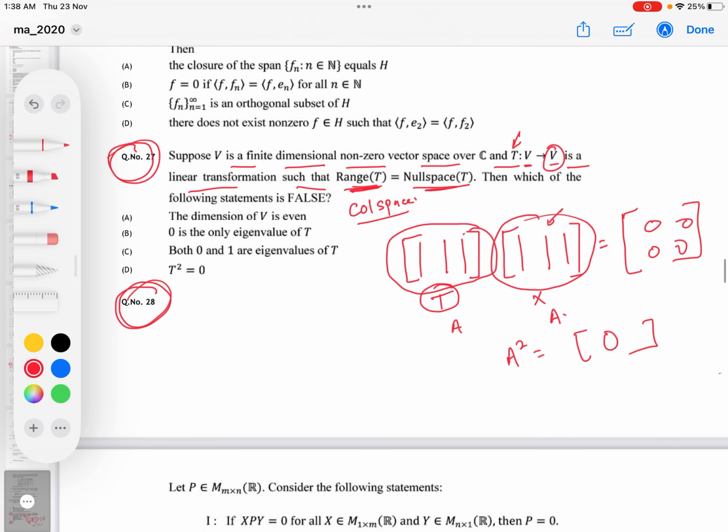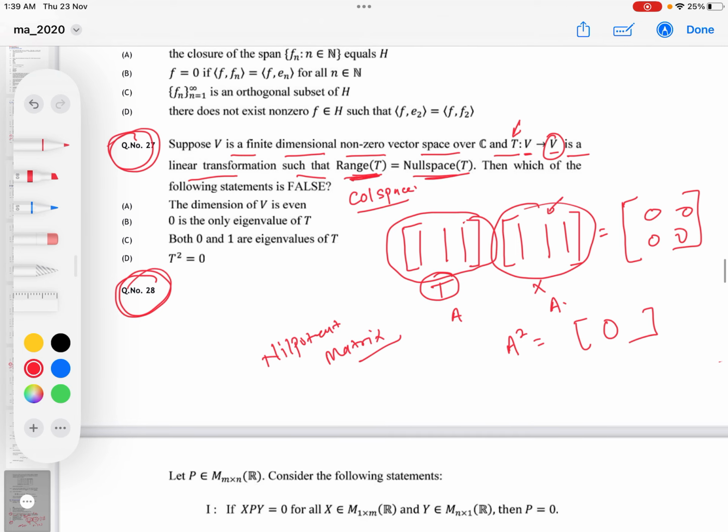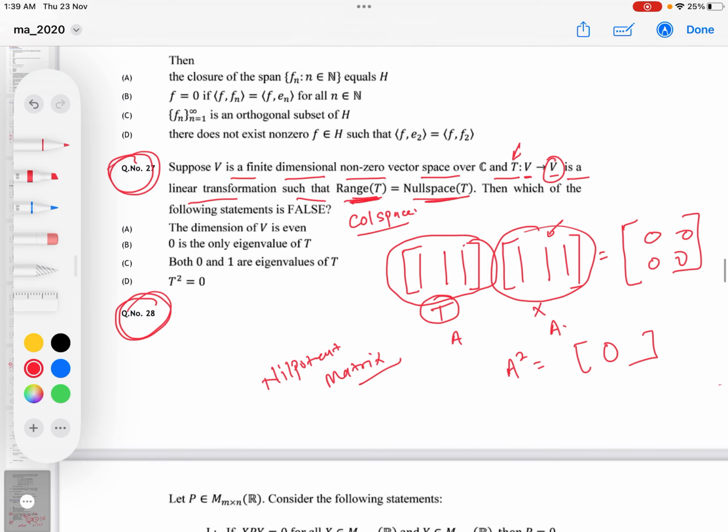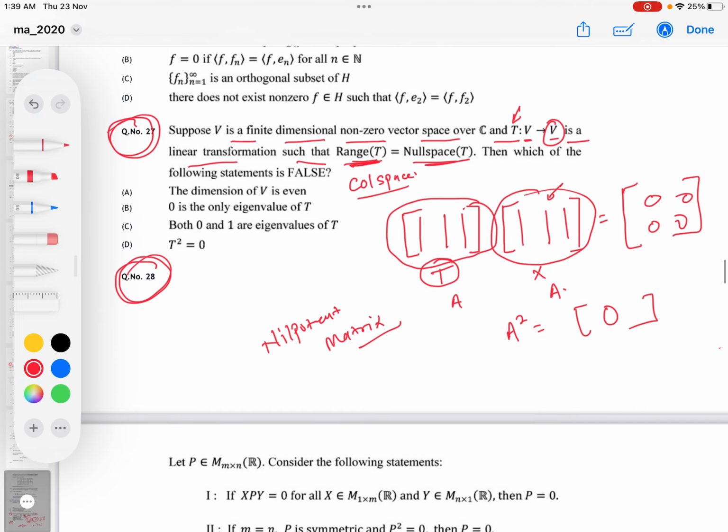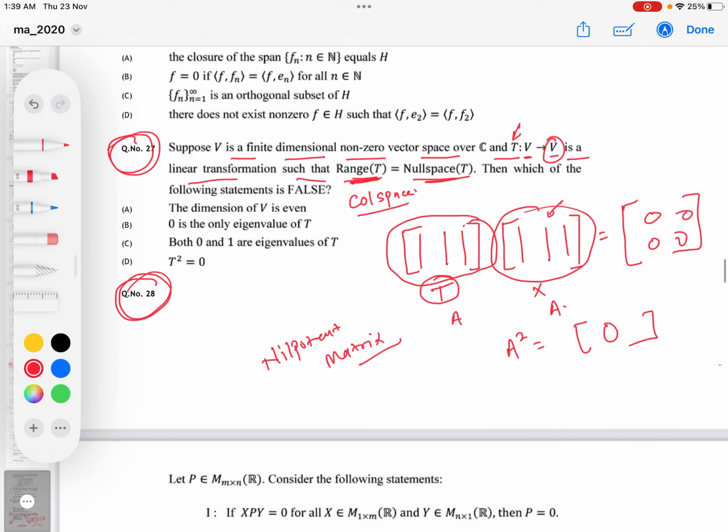So if you know the property of a nilpotent matrix, then you can easily go through the options and pick the correct option for this question, right?